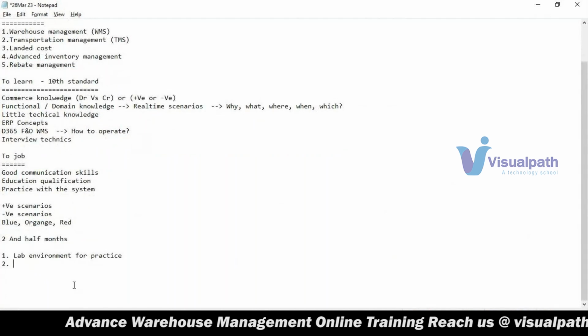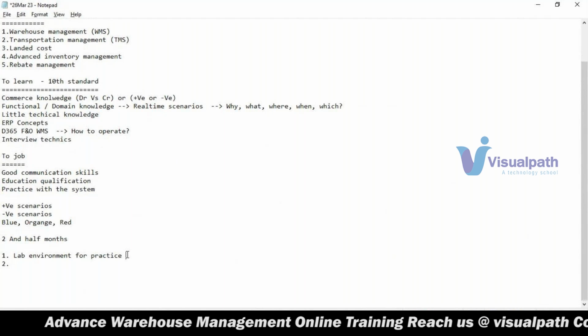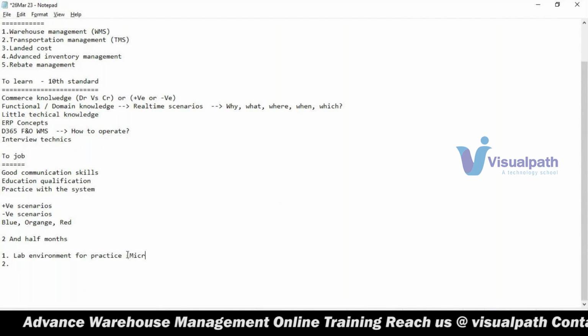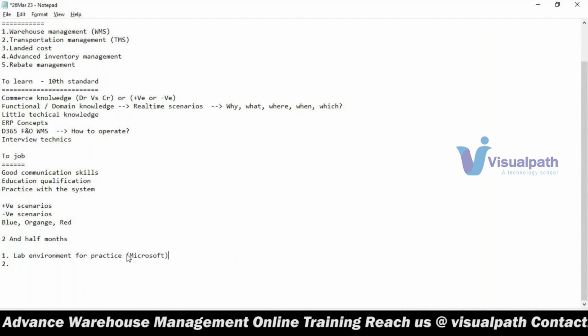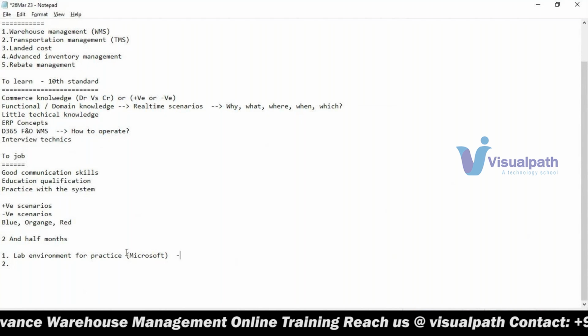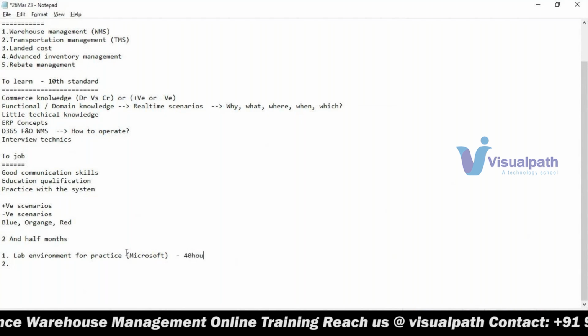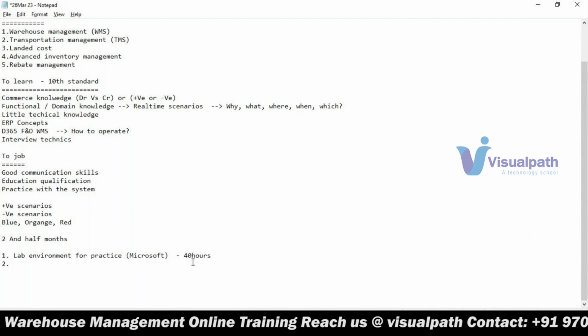So one is a lab environment you can purchase from Microsoft. It will be given for 40 hours. Every 40 hours it will be refreshed.